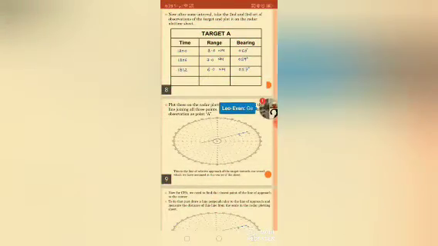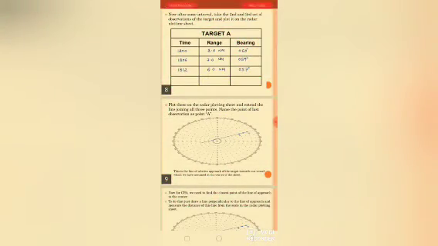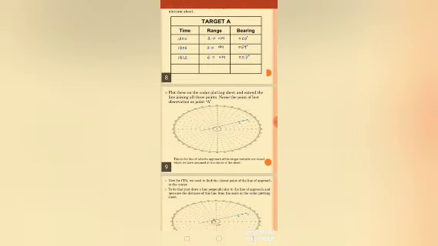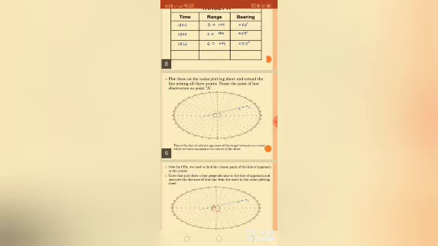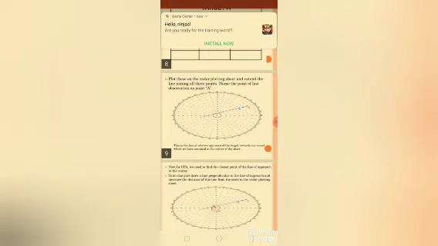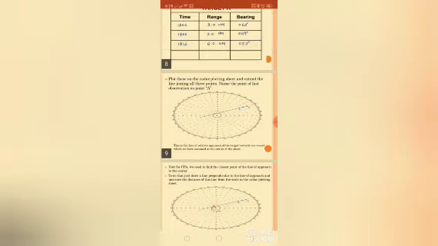Place them on the radar plotting sheet and extend the line joining all three points. Name the point of last observation as point A. So, this is the line of relative approach of the target towards our vessel, which we have assumed at the center of the sheet. Now for the CPA, we need to find the closest point of the line of approach to the center.